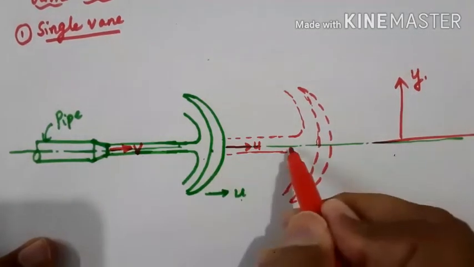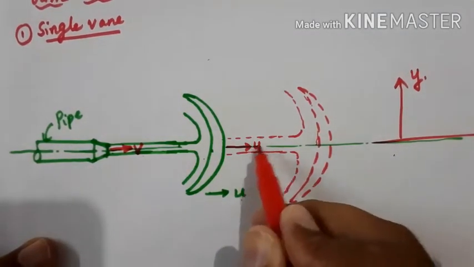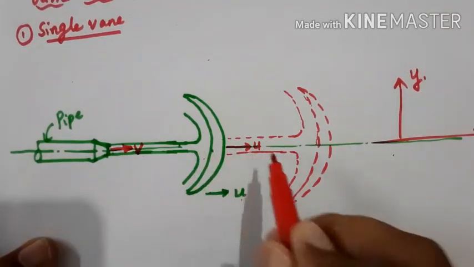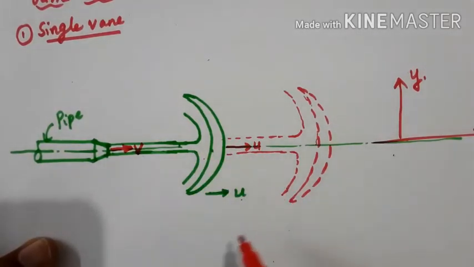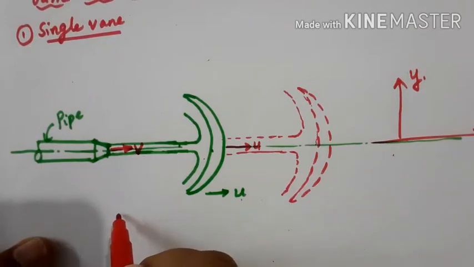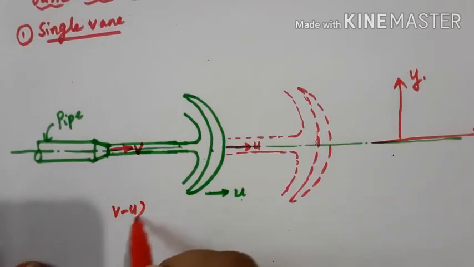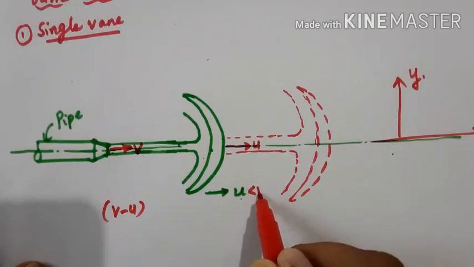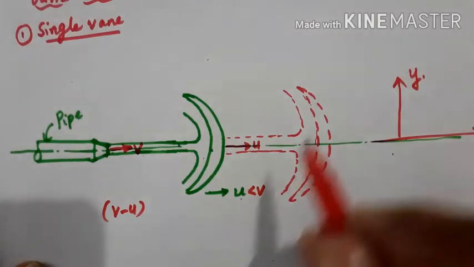Here also we are taking the velocity relative to the vane: the jet will be striking with a velocity of v minus u, where u is less than v, the velocity of the jet.